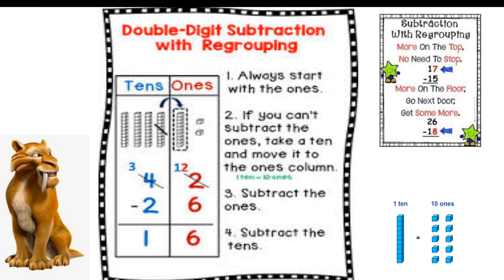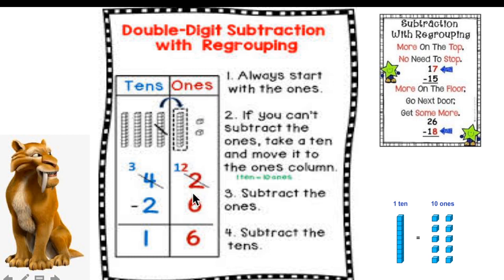But sometimes you have to regroup the numbers. And that is when the number on the top is smaller. See here, if you have 42 take away 26.